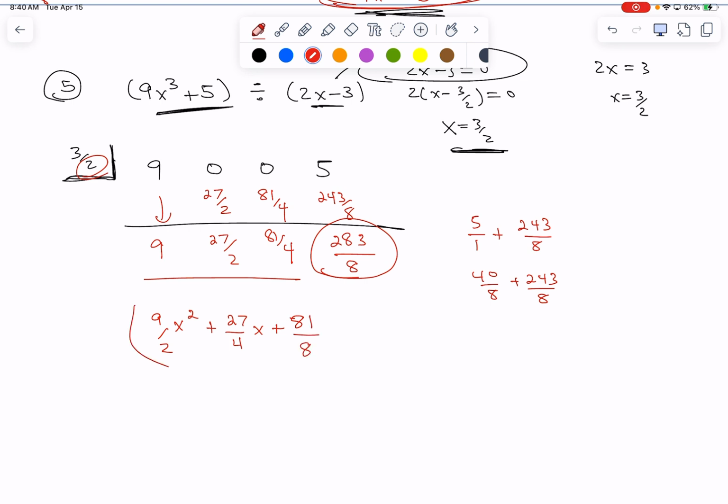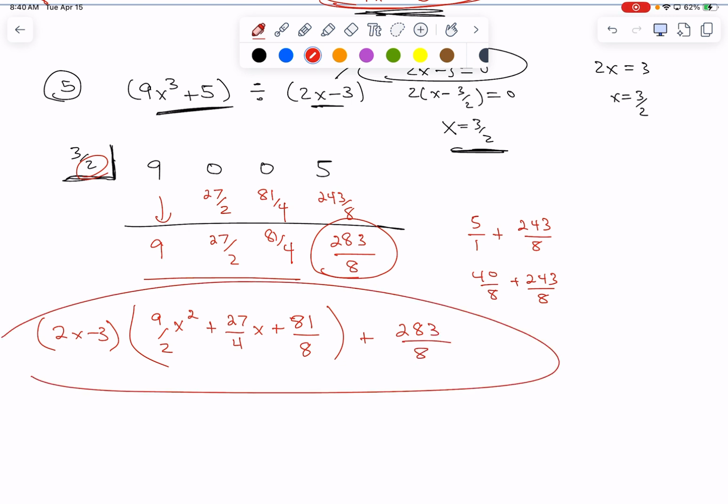So there's my answer times my divisor, 2x minus 3, plus my what? We don't have to divide the remainder. No, you don't. Is that the answer? What number is that? 5. Yep, that is correct. It should be 2x minus 3 times 9 halves x squared plus 27 fourths x plus 81 over 8, plus 283 over 8. You do not have to divide the remainder, just the quotient has to get divided by whatever this denominator is. You got to remember to divide by it.